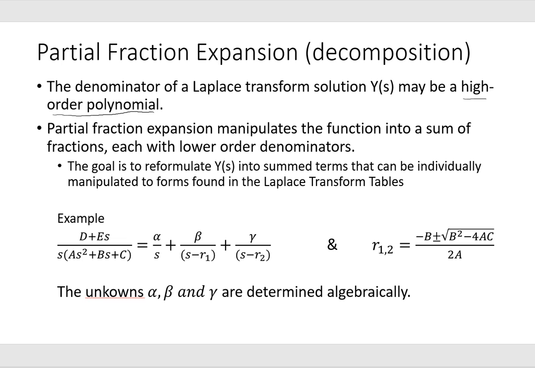As a very general example, we may have some function y of s that looks something like this. We have some function of s in the numerator, and in the denominator we have this third order polynomial.